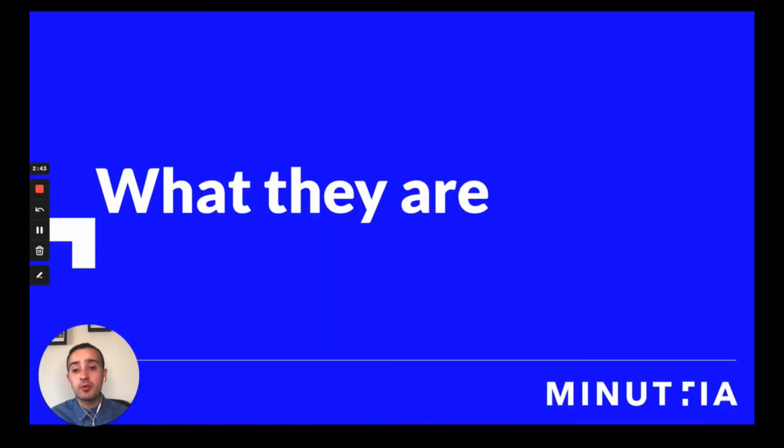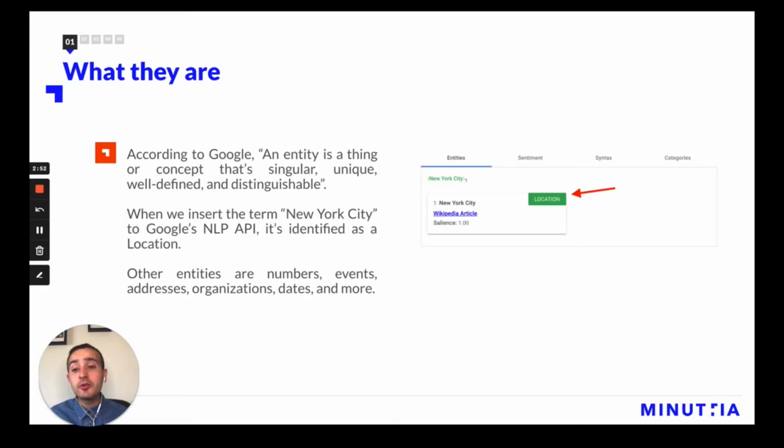First of all, we're going to discuss what entities are, in order for everything else that follows to make sense. According to Google, an entity is a thing or concept that's singular, unique, well-defined and distinguishable. When we insert the term New York City into Google's NLP API, something that we will see later on in this presentation, it's identified, as you can see, as a location.